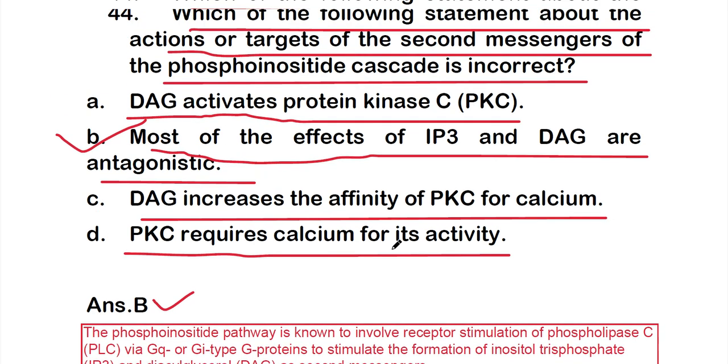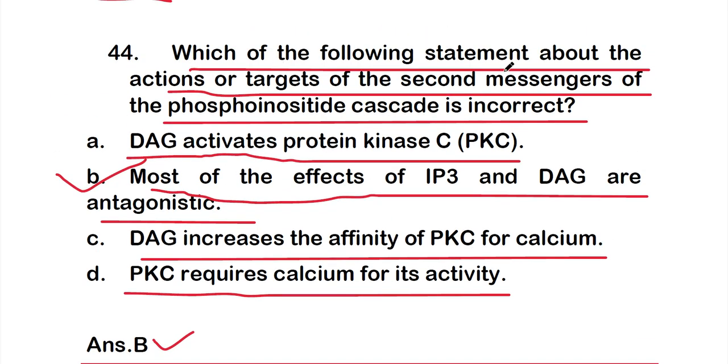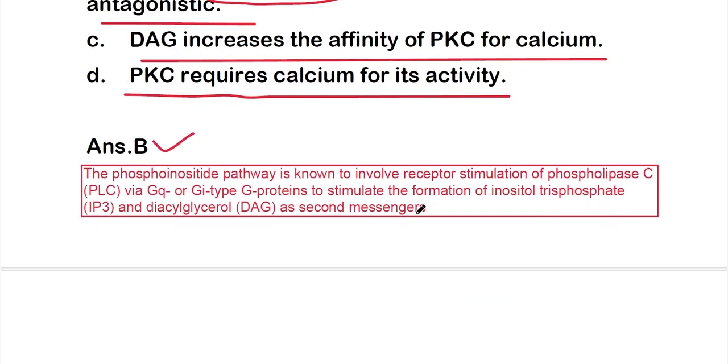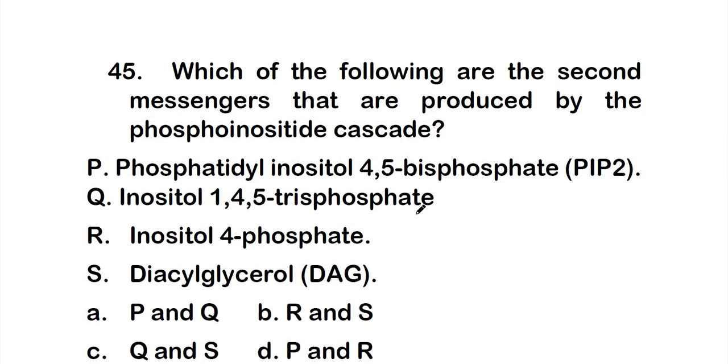So regarding the actions or targets of the second messengers of the phosphoinositide cascade, the statement that most of the effects of IP3 and DAG are antagonistic is incorrect.